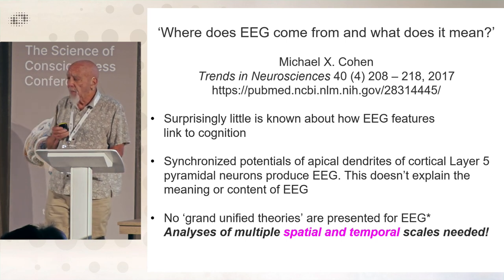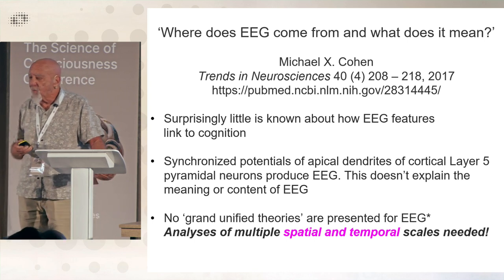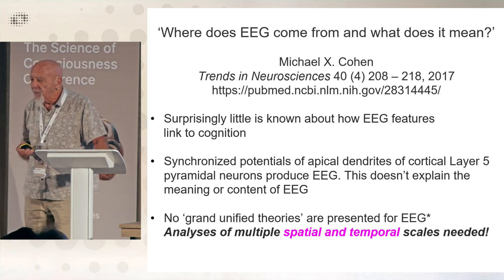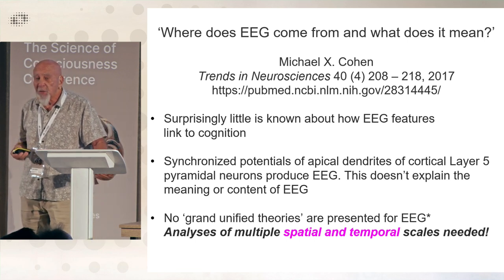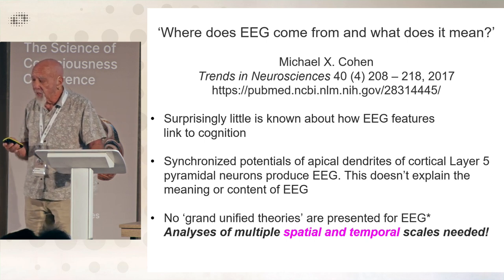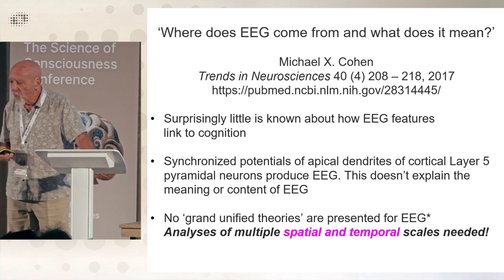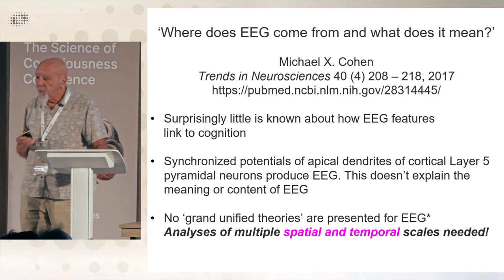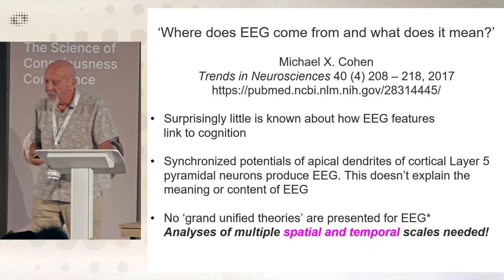But this is an article from Michael X. Cohen in 2017. Where does EEG come from and what does it mean? Surprisingly little is known about how EEG features link to cognition. And the first two speakers gave great talks, and it's all based on EEG and electrophysiology at one low frequency range, which I'll come back to. Synchronized potentials of apical dendrites of cortical layer 5 pyramidal neurons produce EEG, but this doesn't explain the meaning or content of EEG.